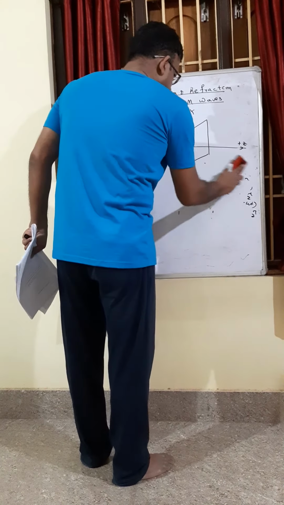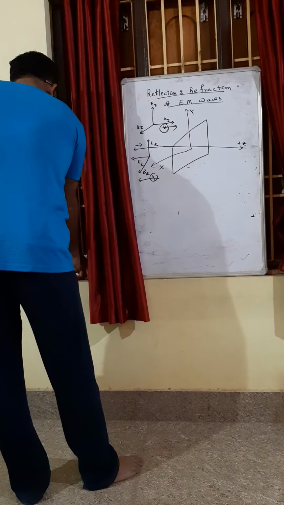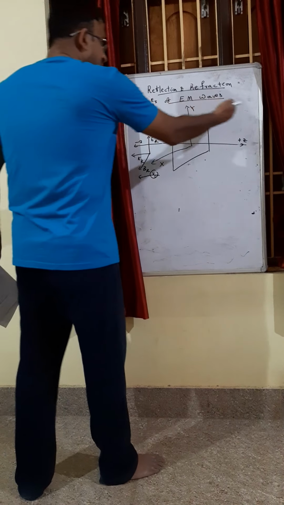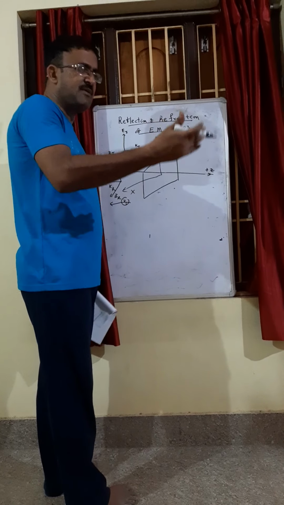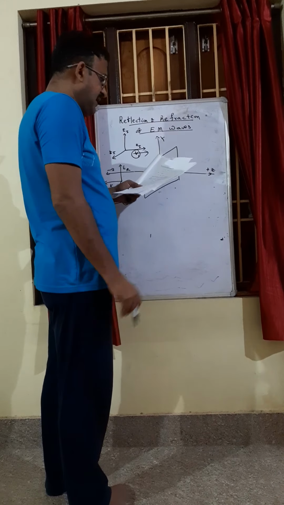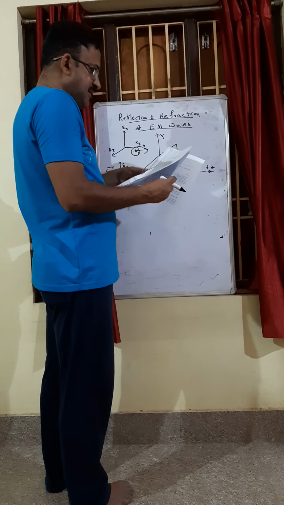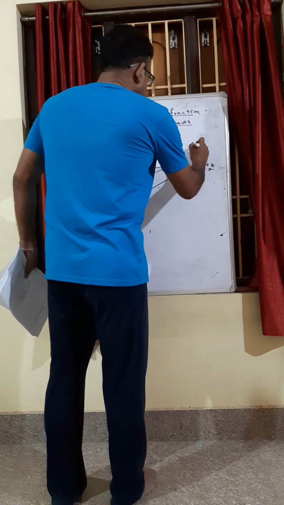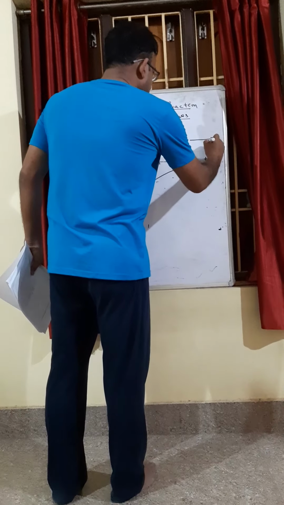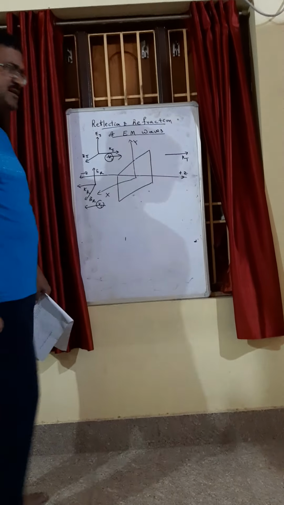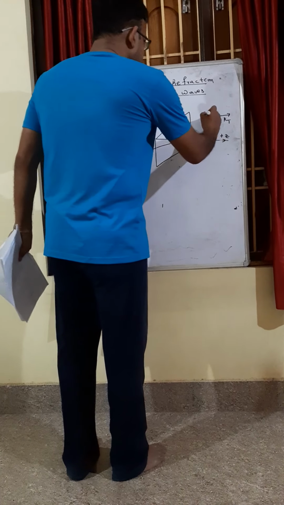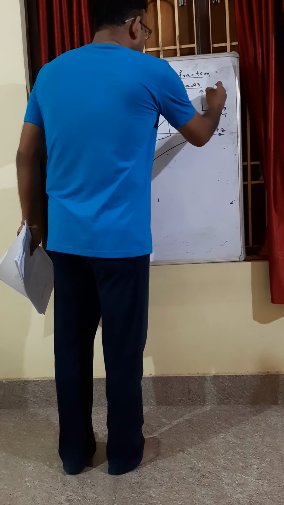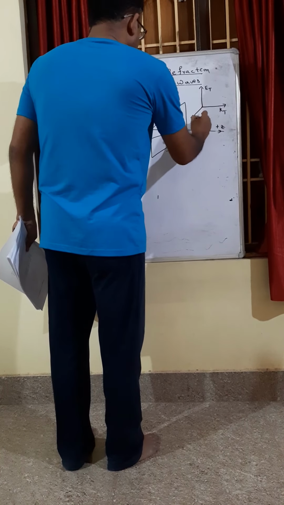So how to write the expression for the transmitted part? What happens to the transmitted part? The velocity will change, refractive index will change, permittivity will change, permeability will change, everything will change. Here the propagation vector for the transmitted part I have symbolized as Kt, and it is associated with an electric field Et, and here it is Bt.